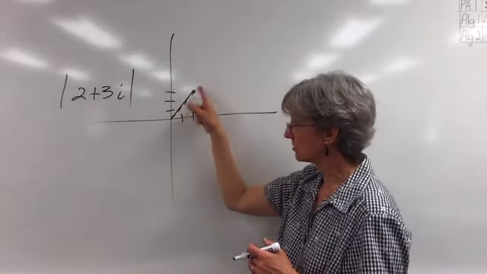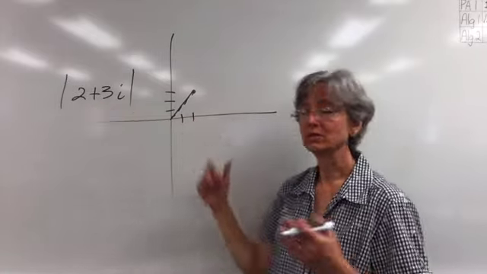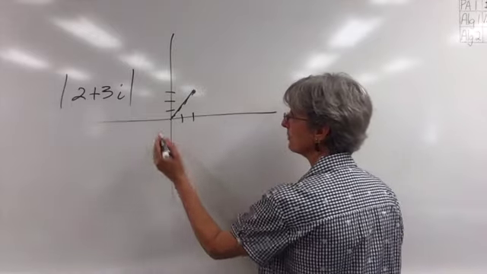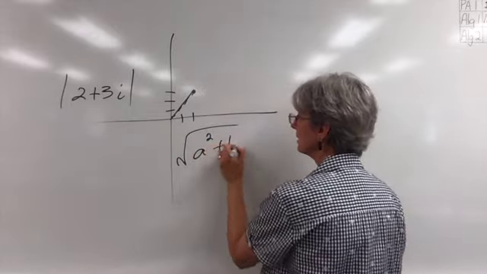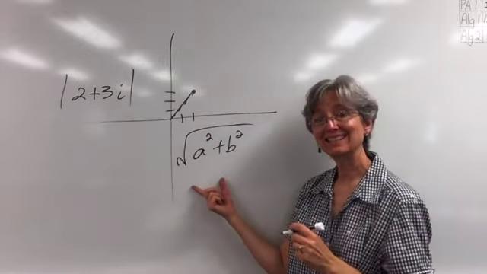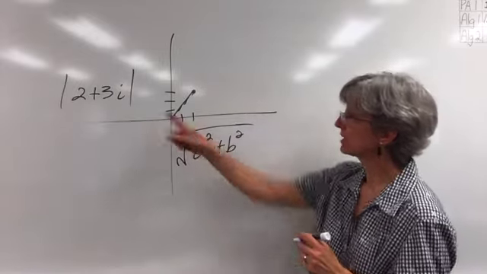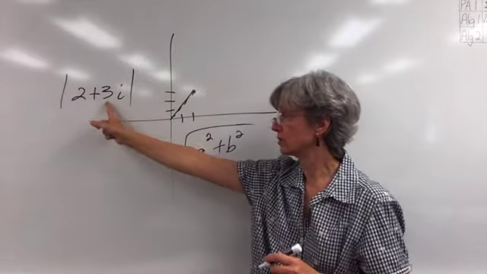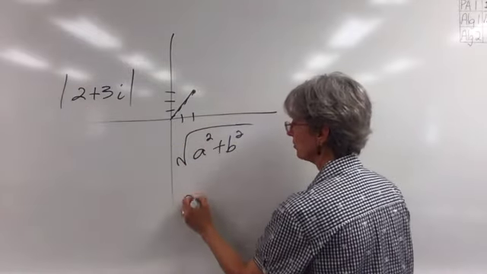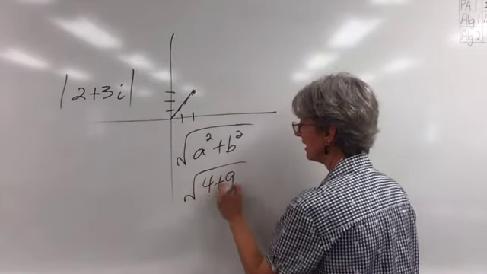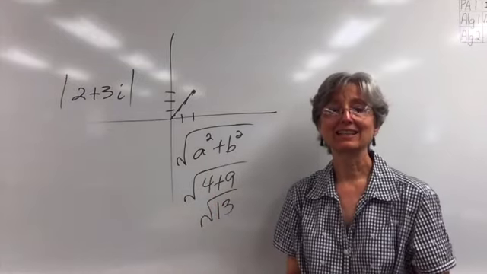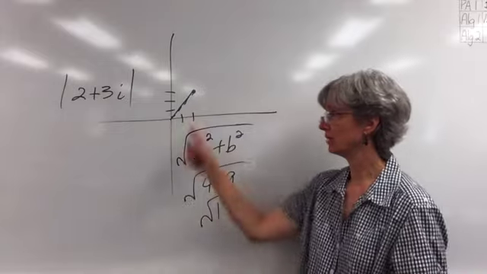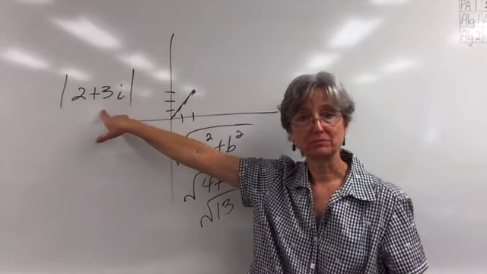This distance is always my y. So it really is, the absolute value is the square root of a squared plus b squared. That's how you do it. So in this case, it's 2 squared plus 3 squared, or the square root of 4 plus 9, or the square root of 13. That is the absolute value of this number.